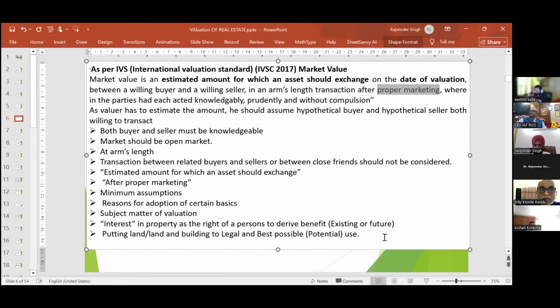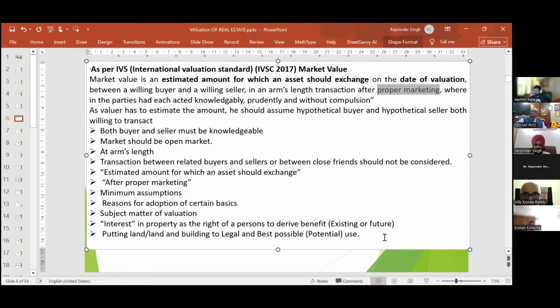But I do not know. I think that the property was purchased for 1 lakh, it may be 10 lakh or 20 lakh. I do not have the knowledge of the market. So in case of value, I should have the complete knowledge of the market, that at what prices such properties are being sold in the market.